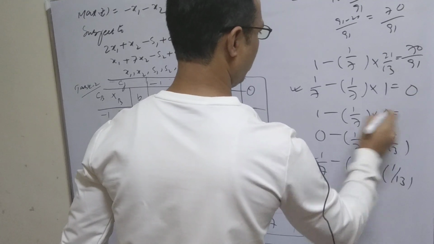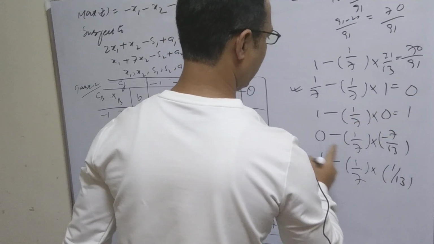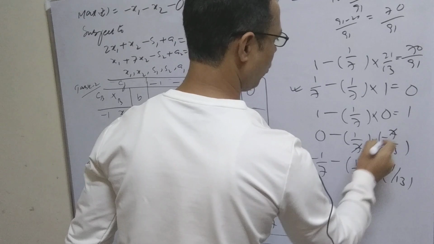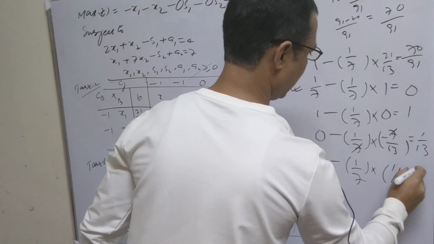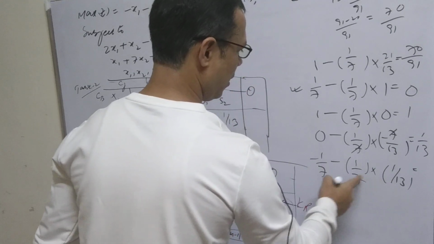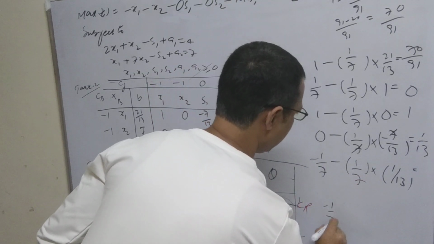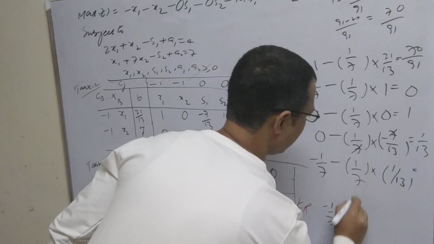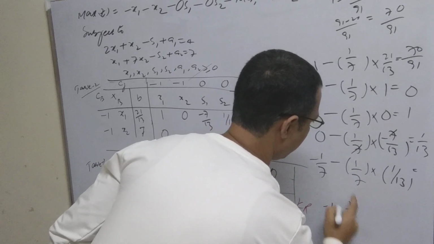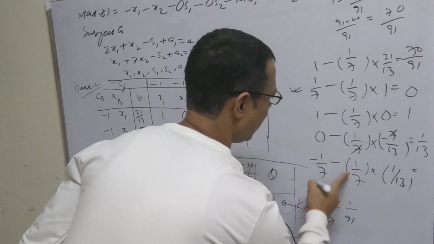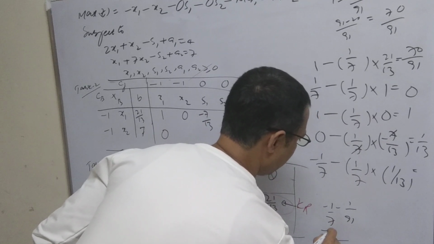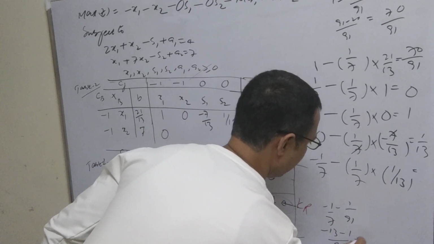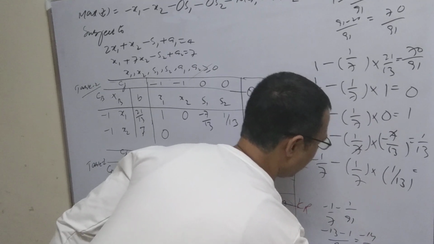Next, 0: here 1 minus 0 is 1. 0 minus this value, the 7 is going to cancel, minus plus, so 1 by 13. Here, minus 1 by 7 minus 1 by 91. 91 minus 13 minus 1 means minus 14 by 91.